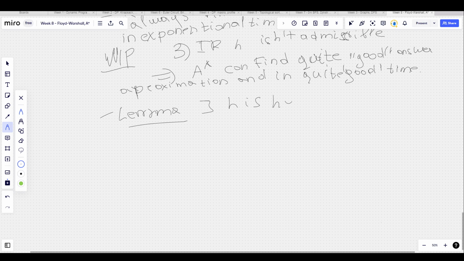If h is monotonous, it means the sequence of f values you get from the heap is not decreasing.